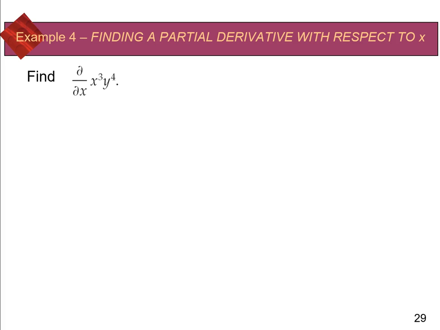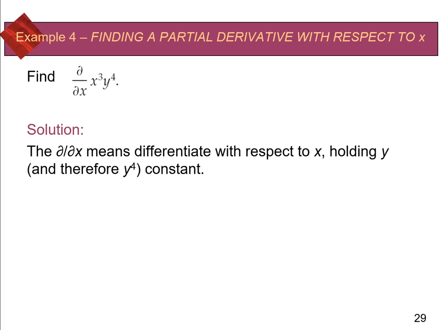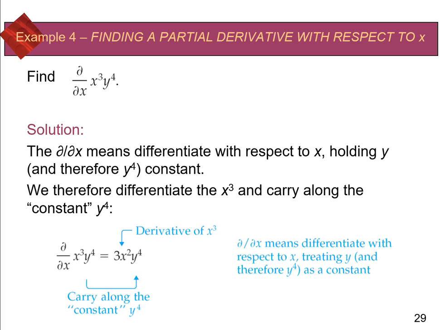So when I do the partial derivative with respect to x, the derivative of x cubed is 3x squared. The y to the 4th is a constant that we just carry along. The partial derivative with respect to x is 3x squared y to the 4th.